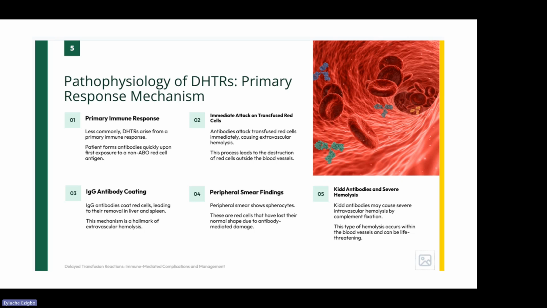The Kidd antibodies cause severe hemolysis, just like we said earlier. Kidd antibodies cause severe intravascular hemolysis by complement fixation, because this antibody is able to fix complement, and if it's involved in delayed hemolytic transfusion reaction, it can cause intravascular hemolysis. This type of hemolysis occurs within the blood vessels and can be life-threatening.